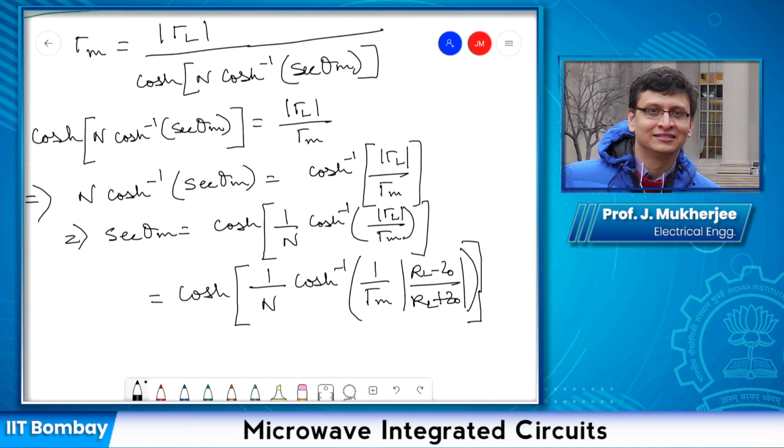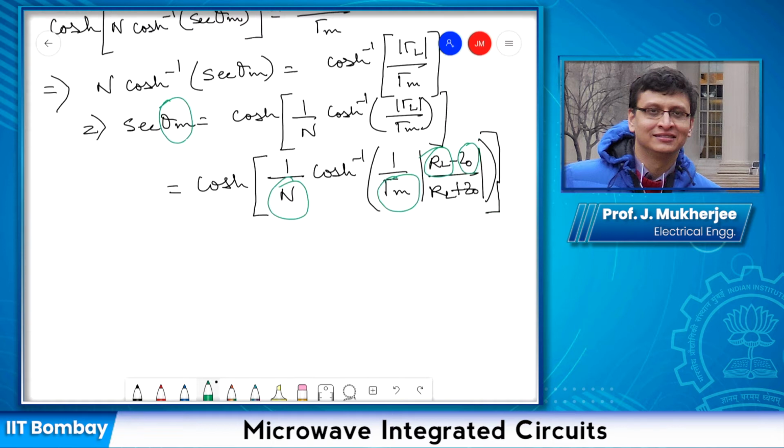So see, if we know the order of the Chebyshev polynomial, if we know the value of gamma m, if we know what is the load, what is the characteristic impedance, then we can find out theta m, this quantity, from this equation.